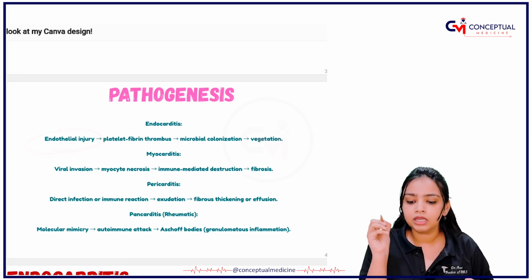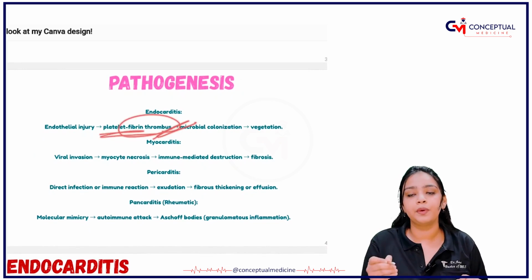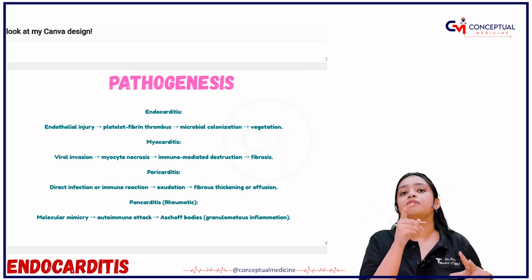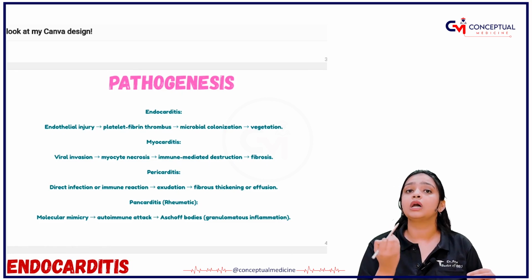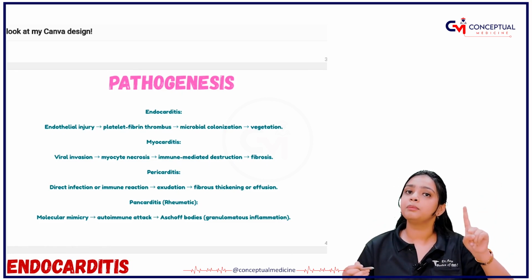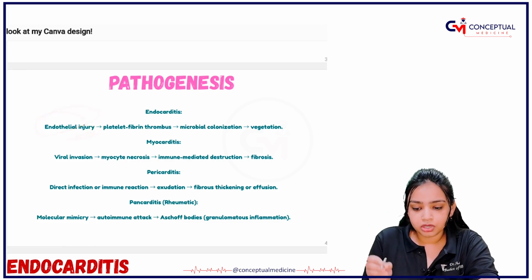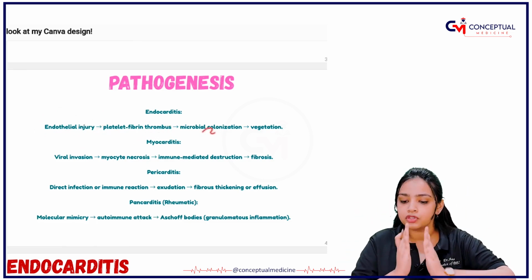After the endothelial injury, there will be platelet fibrin thrombus. If you are not thorough with the acute and chronic inflammation part, where I have explained how the mechanism revolves, then you have to watch the general pathology lectures. So there is endothelial injury first, then platelet and fibrin thrombus formation will happen.